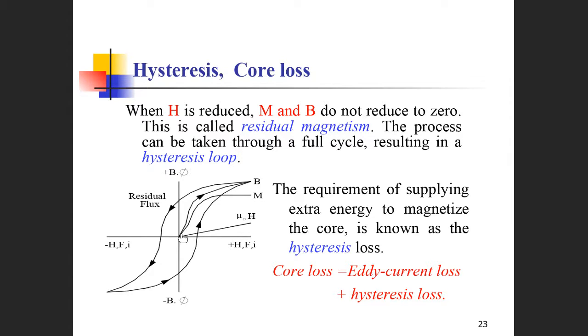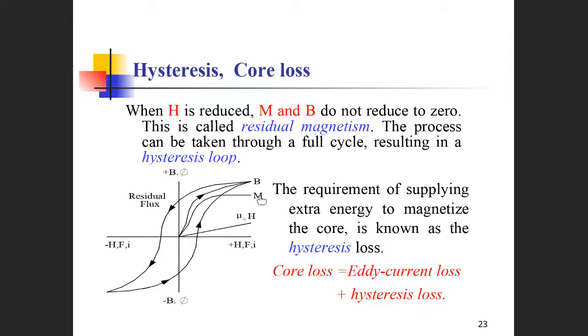However, if you then reduce the current, theoretically, when the current is reduced, the magnetic field is reduced too. But some of the small poles do not change their directions immediately. They keep their directions for a while.